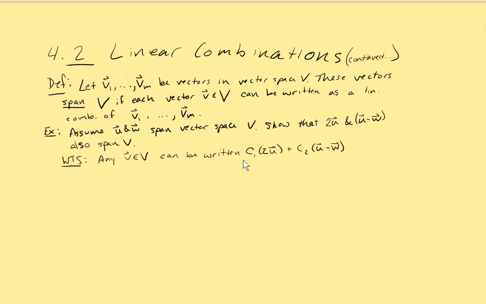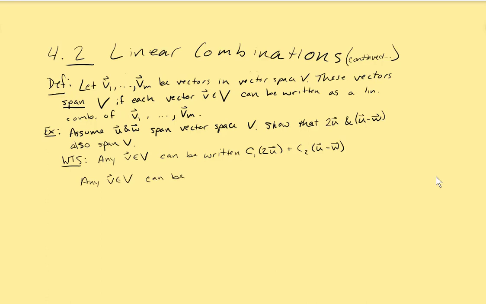So let's start at the beginning here. We know any v in the vector space can be written as a linear combination of u and w. Since they span the vector space, any v in that vector space can be written as a linear combination of u and w.